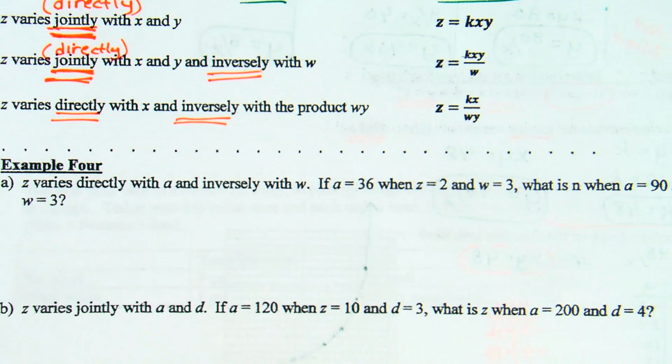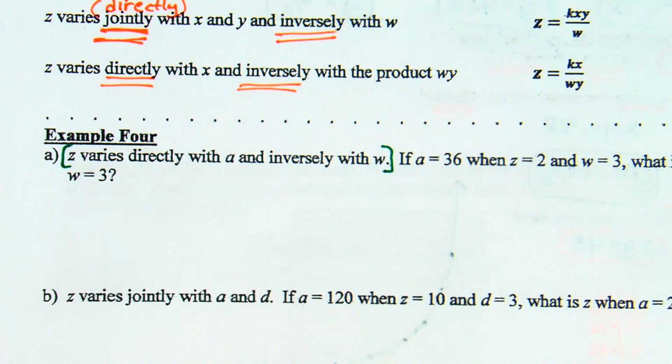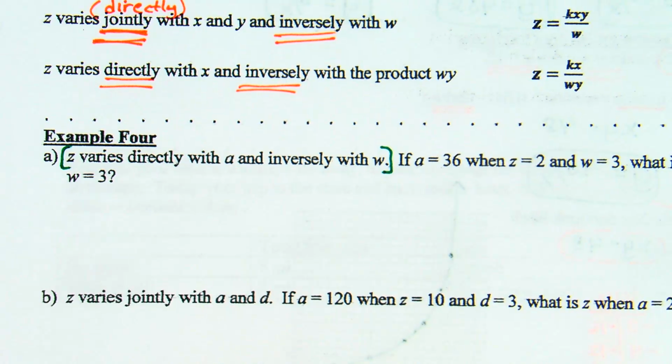Z varies. What am I going to write? Z equals. Do you remember me saying that earlier? If it's z varies, or whatever variable it is, z equals. Directly with A. What does directly with A mean? We're going to multiply, and we always throw that K in on top, right? So K times A. Inversely with W. What does inversely say we're going to do?